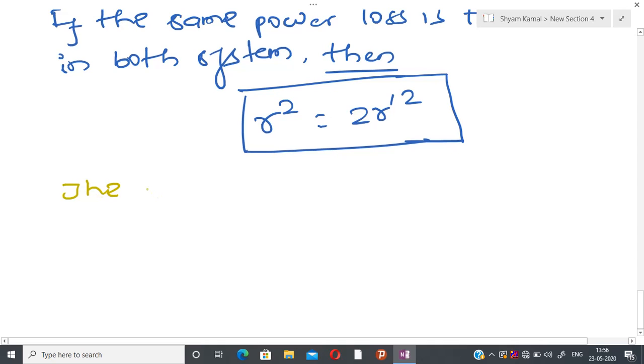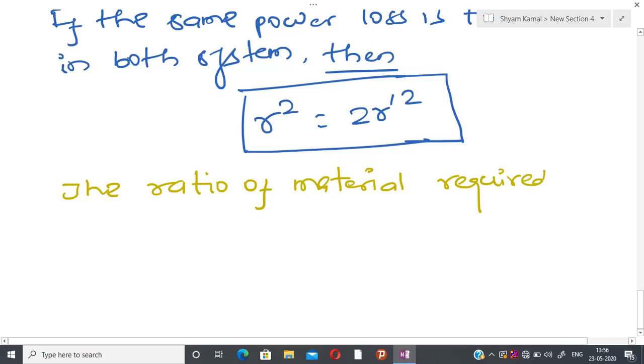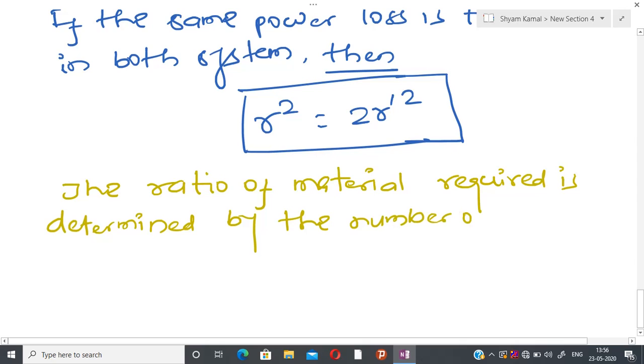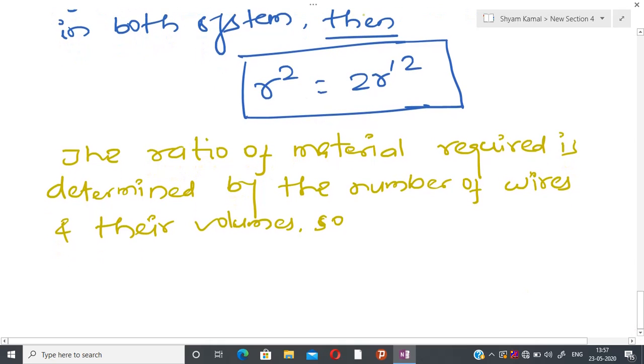So the ratio of material required is determined by the number of wires and their volumes, and so I am able to write the following thing.